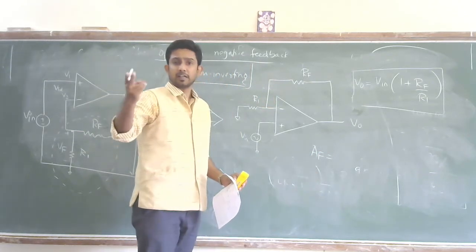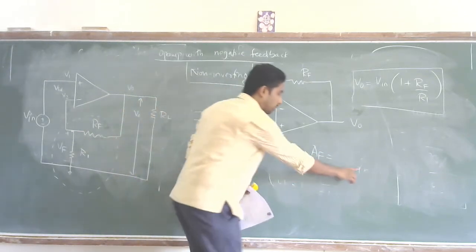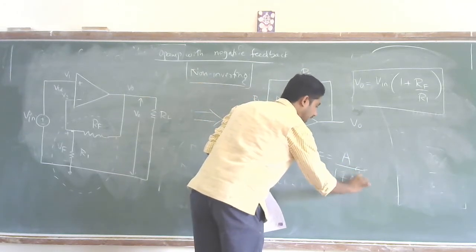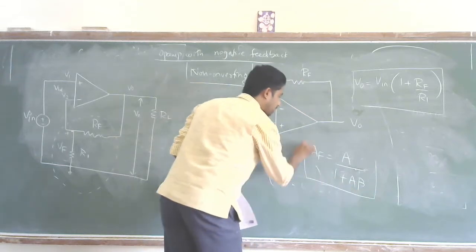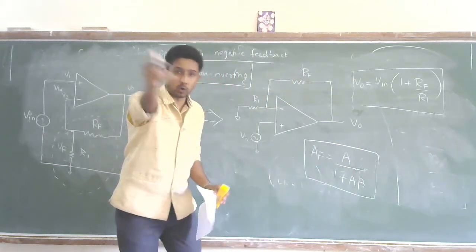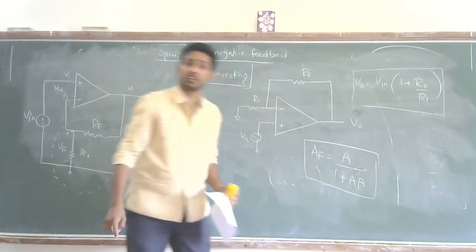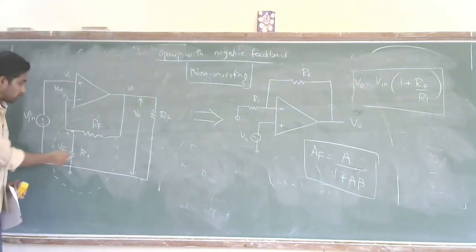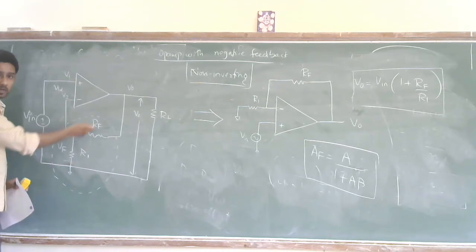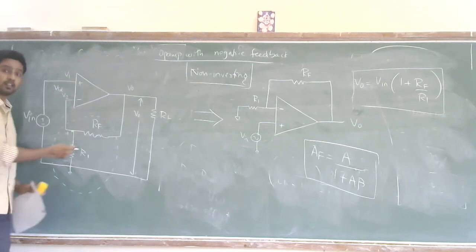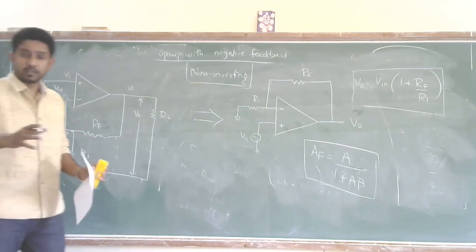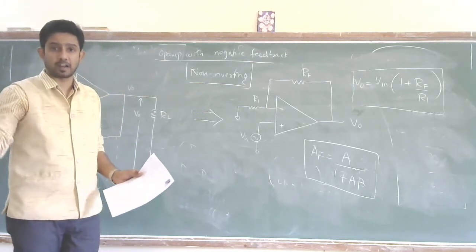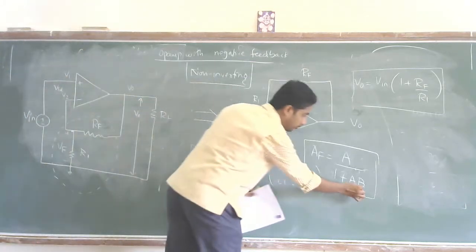That is the gain of the feedback amplifier. What was it? A divided by 1 plus A times beta. So this is the equation we obtained. And I told you that beta is nothing but the feedback network, and this is the feedback network. So the arrangement of R1 and RF will give you the value of beta.